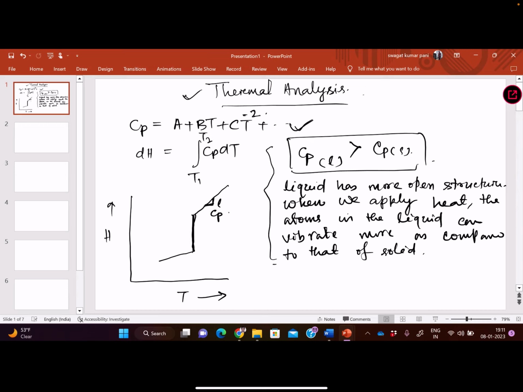So this slope is Cp, and it is higher, more steep, in the liquid portion as compared to the solid. This is the solid part. And this drop is what we call delta H F, the latent heat of fusion. Okay, so clear till now?